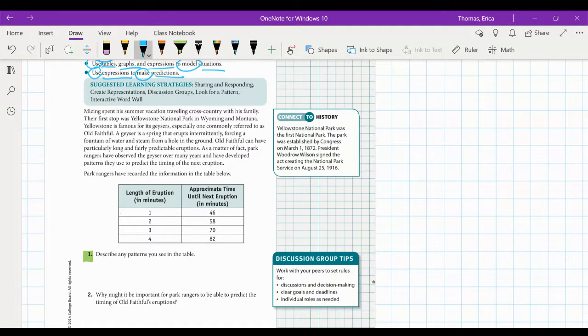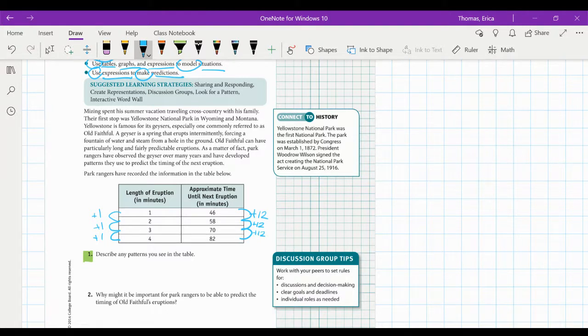I see here that the length of eruptions are increasing by 1 minute each time. 1 plus 1 is 2, 2 plus 1 is 3, 3 plus 1 is 4. On the other side of the table, I notice that the approximate time until the next eruption is increasing by 12. 46 plus 12 is 58. 58 plus 12 is 70. 70 plus 12 is 82.